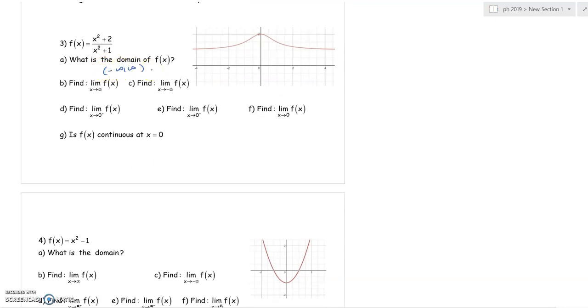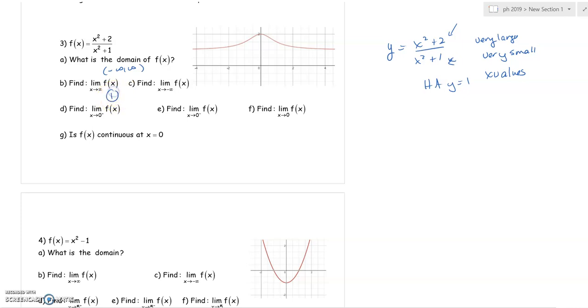For this rational function, for very large or very small x values, the 2 and the 1 become kind of insignificant, and you will have a horizontal asymptote at y equals 1. That's why, as x approaches infinity, our output f of x is approaching 1, and as x approaches negative infinity, our output f of x is approaching 1.